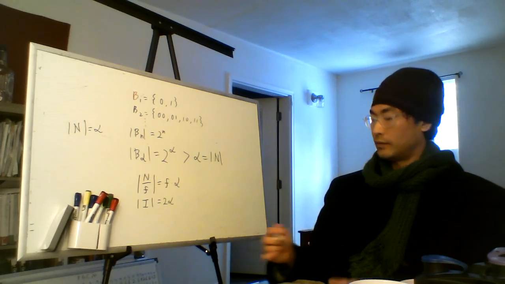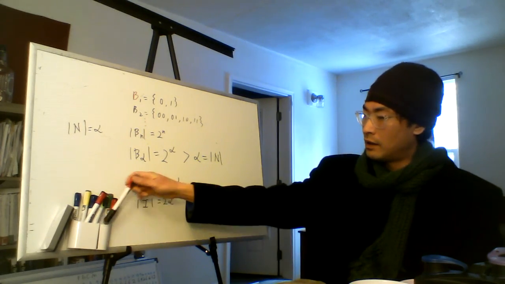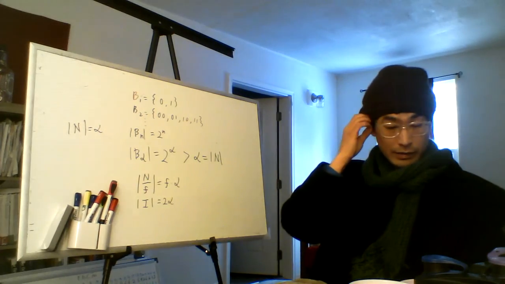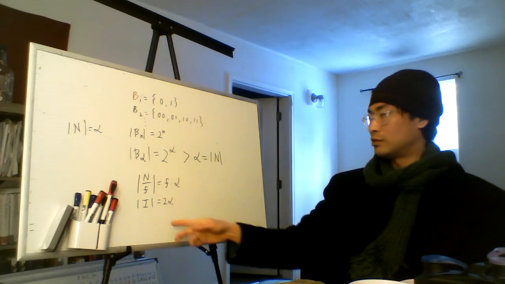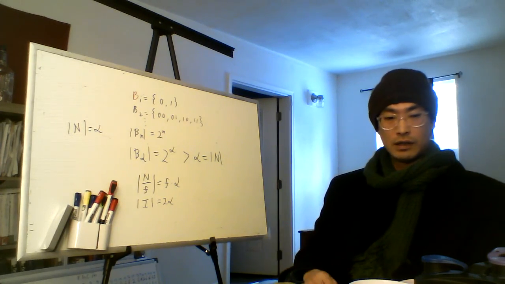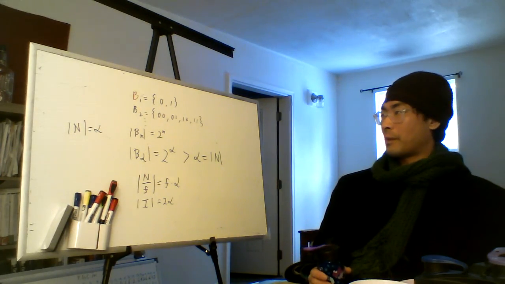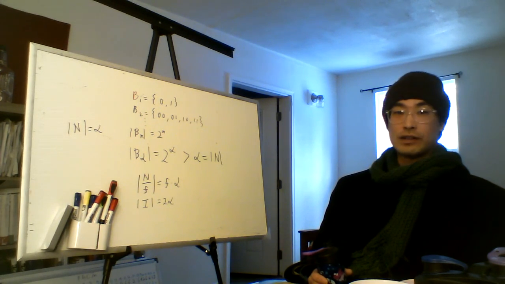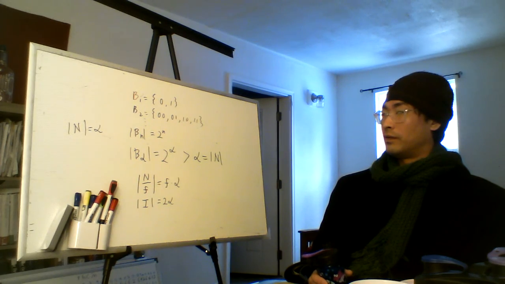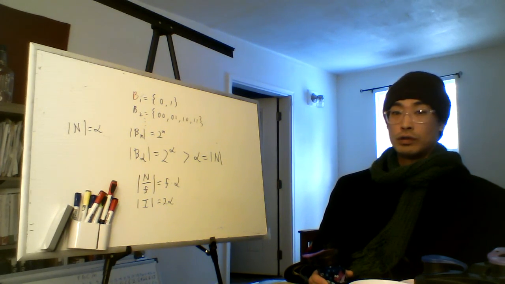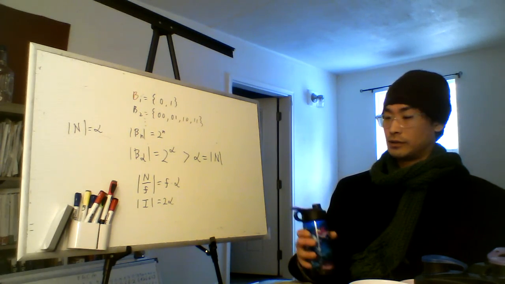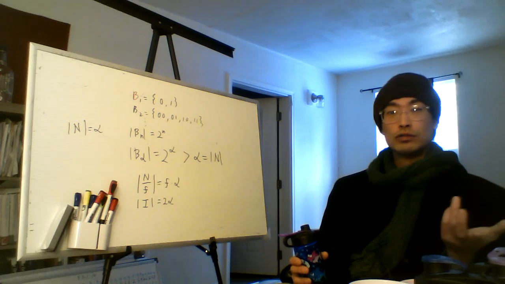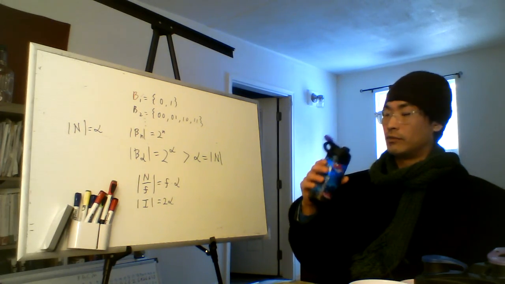A positive rational number is a number that can be expressed as a fraction between two natural numbers, like 1/3, 2/5, 1/7.